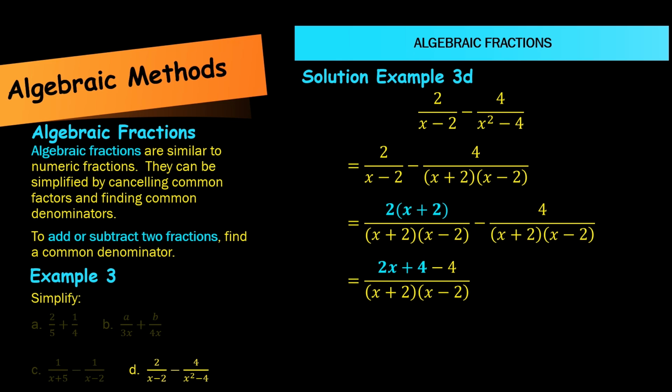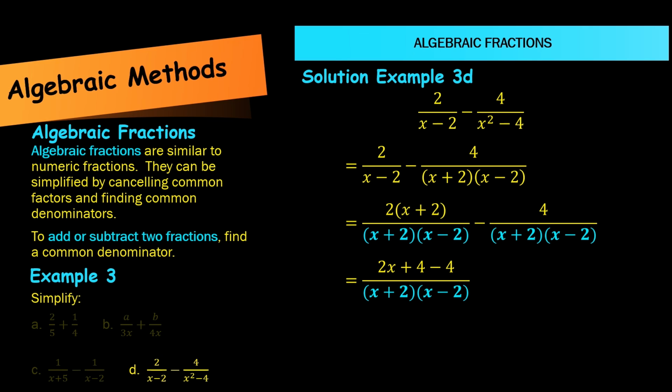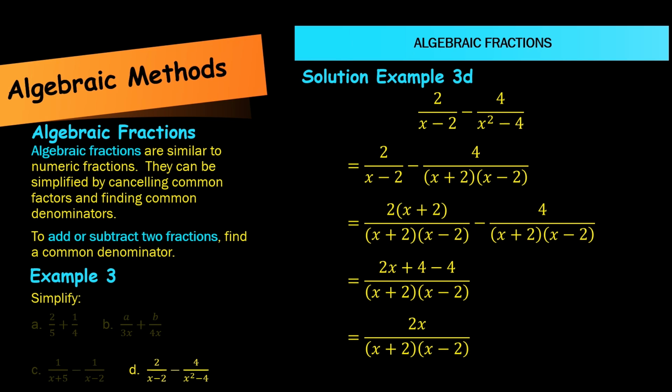Then we expand the brackets for the first fraction, and then subtract 4, and put everything over the common denominator. And finally tidy up to give 2x over x plus 2 times x minus 2.